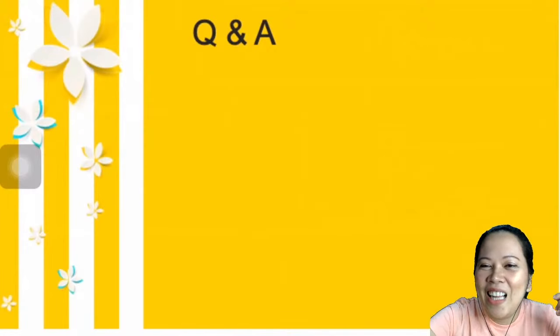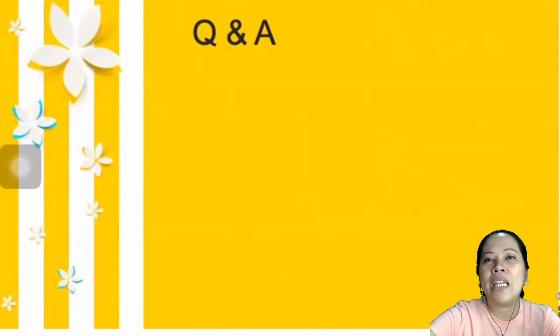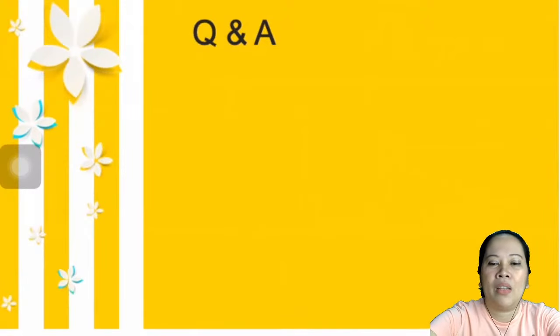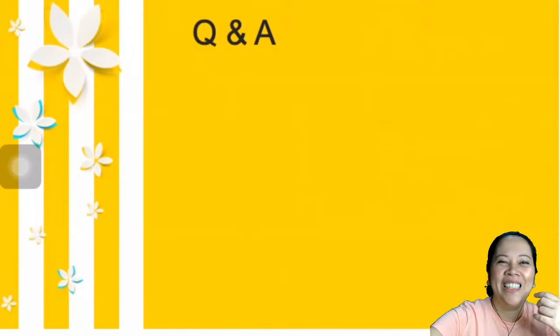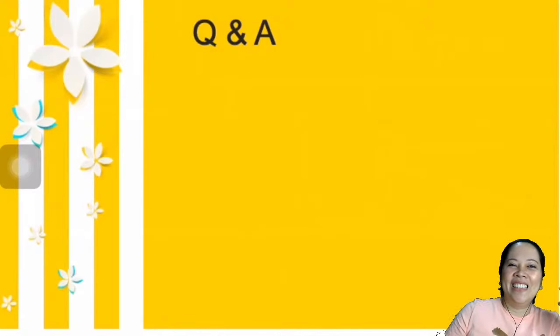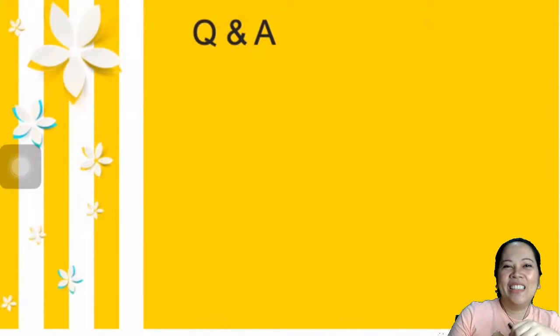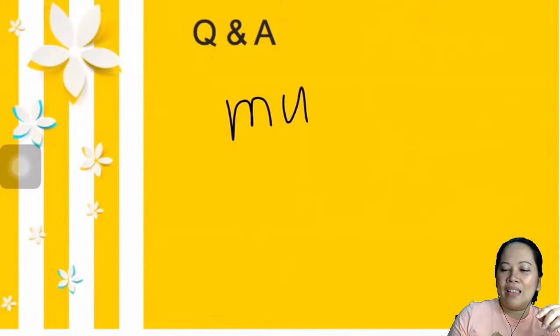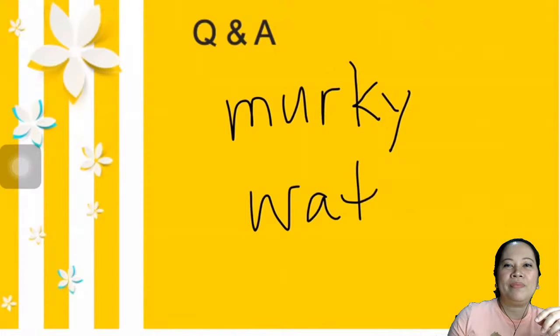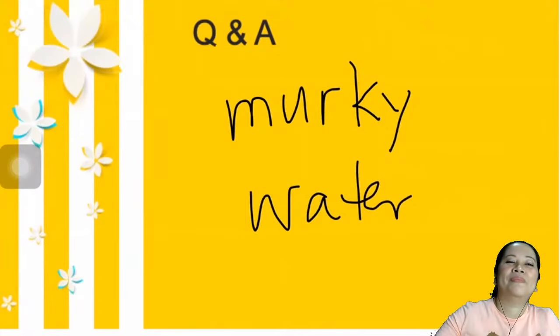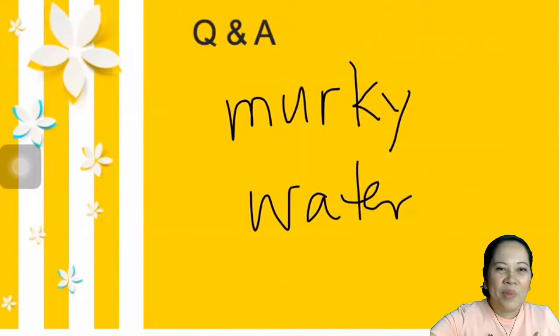What do you call murky water? What do you call a chocolate water?